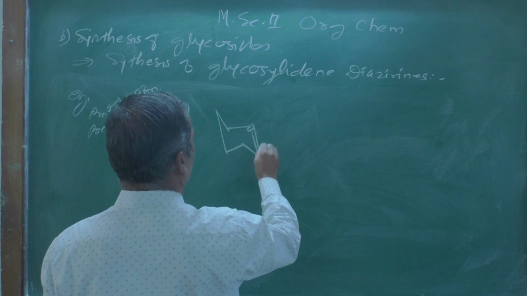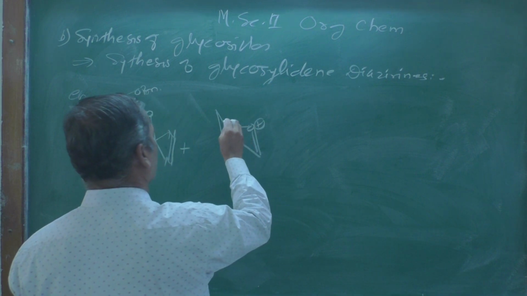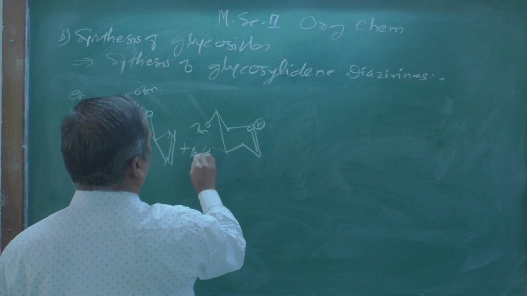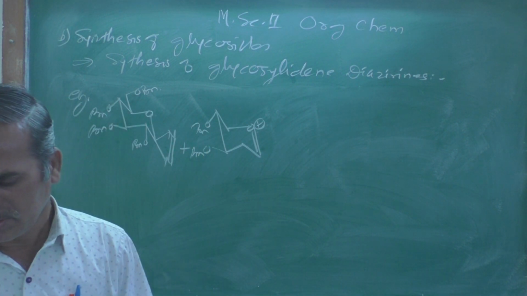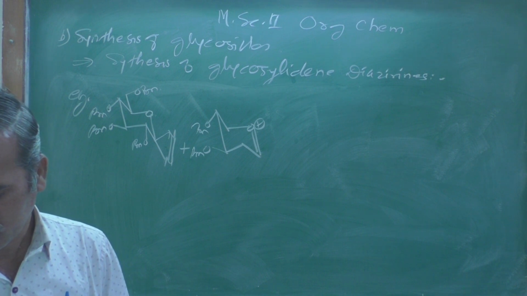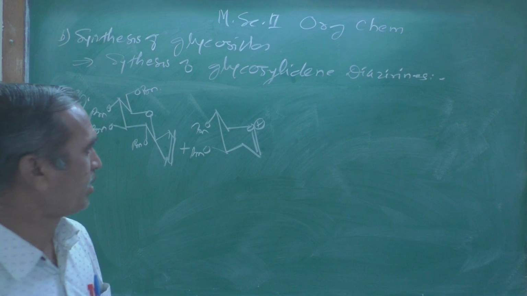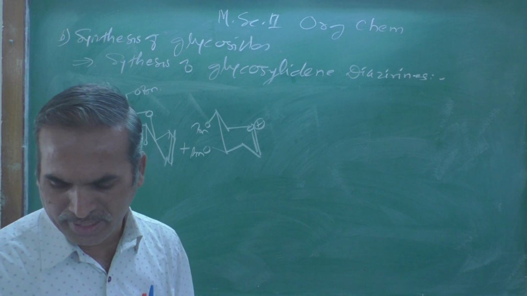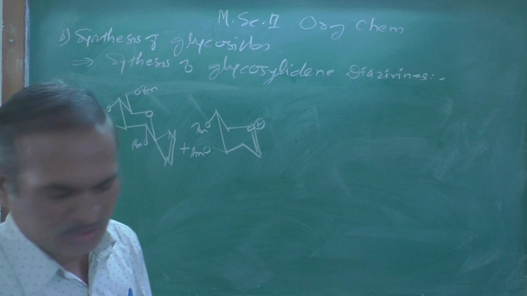There is a double bond and positive charge over there. The remaining OBn shown over here, and the part which we are going to get over here, this one, when they combine together, there is an OBn.